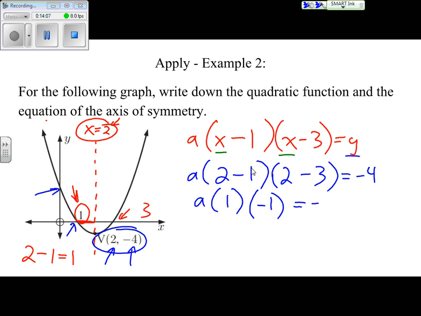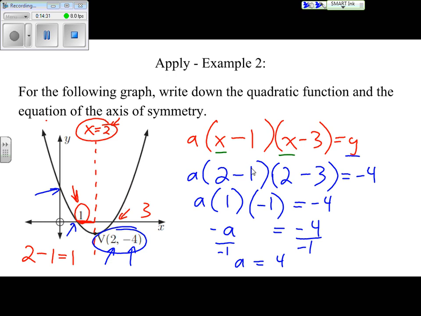And then I have a negative 4 over here. Well, 1 times negative 1 gives me negative 1. So I have negative 1a, or negative a, equals negative 4. They're both negative, so you can cancel out those negatives, or divide by negative 1 to get rid of those. And then you end up with a equals 4. So that is the a value.